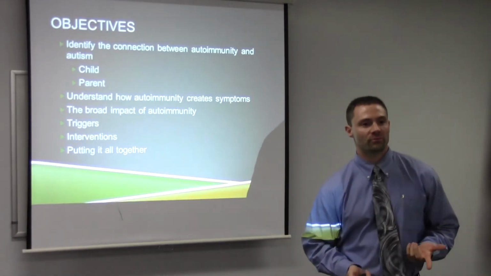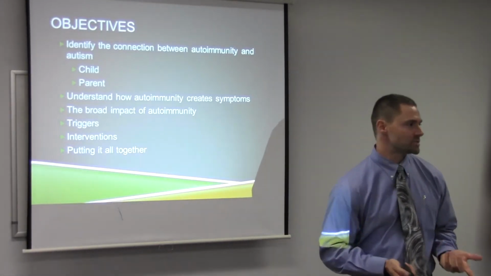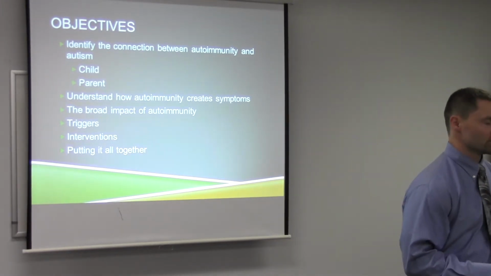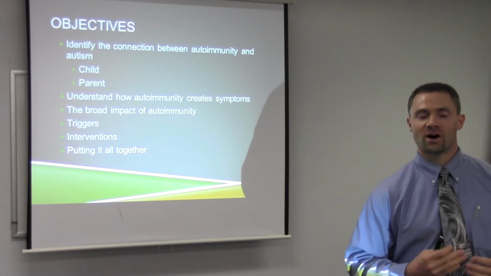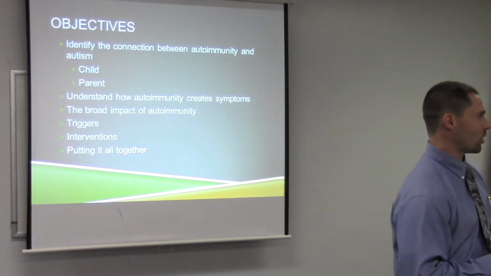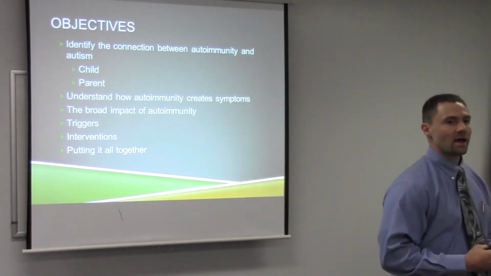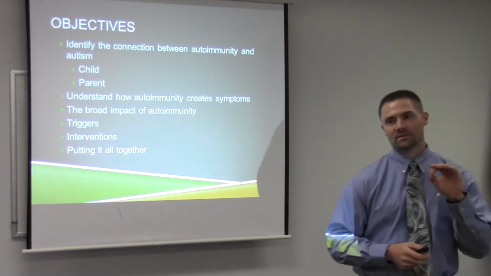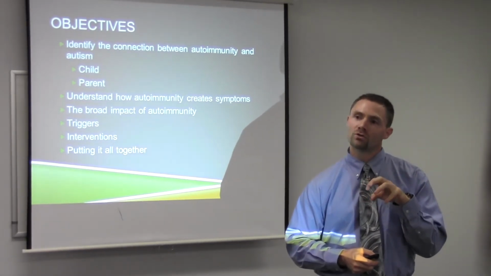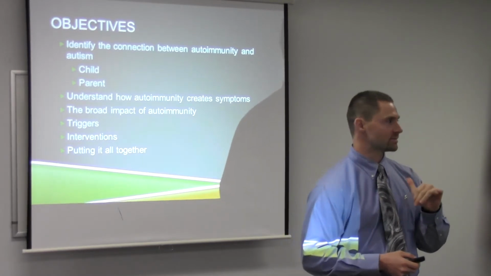Before we get going, let me give you my objectives that I want us to cover tonight. First, I want us to identify a solid, clear connection between autoimmunity and autism. I want to do that not just with autoimmunity as it relates to the child, but also as it relates to the mother.